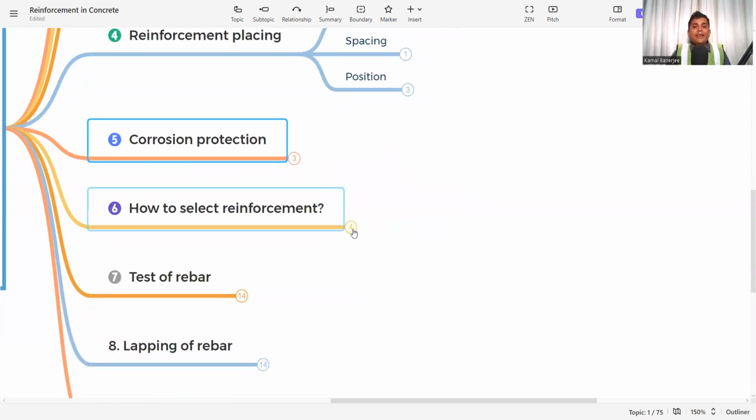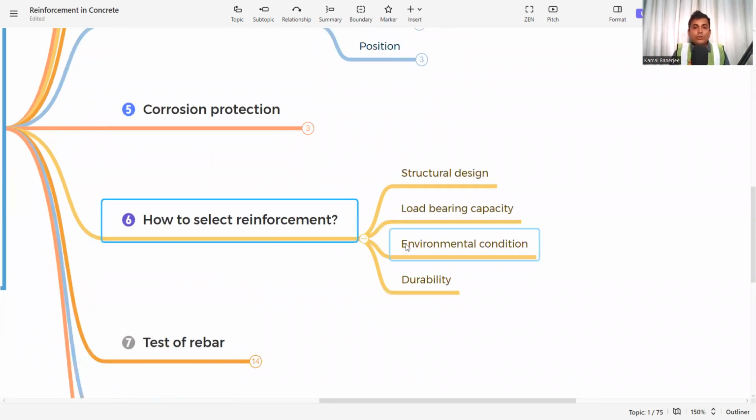Then how to select reinforcement? See, this is also something a civil engineer must know: why 8 mm, why 10 mm, and what is the spacing, why 150 mm or why 200 mm. This is how it is selected. First is structural design, load bearing capacity, environmental conditions, and durability.